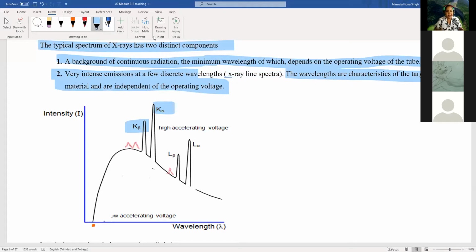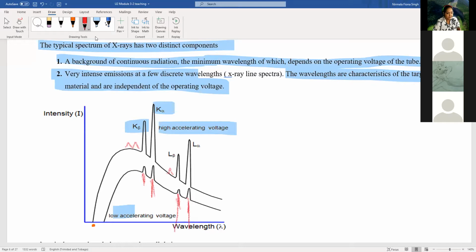Now, once we have the voltage or the amount the electrons have enough energy to create an X-ray photon, we will get our peaks happening at the exact same point. So this is when we have low voltage, this is when we had high voltage, and if you look at that, our peaks still occur at the exact same point, the exact same wavelength.